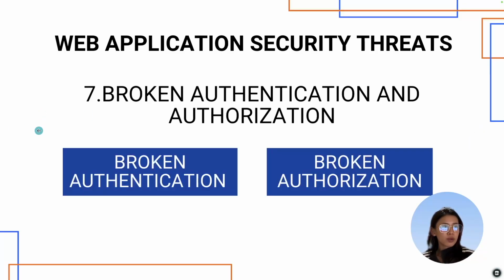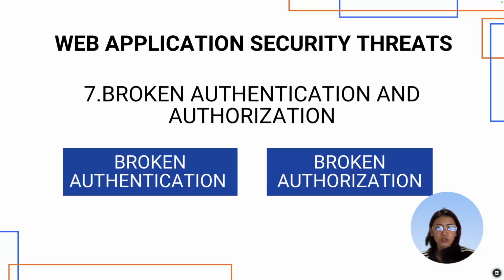Next one, we have the broken authentication and authorization. So we have here two categories or types: the broken authentication and the broken authorization. Let's start with the broken authentication. So this is a weak authentication mechanism that allows attackers to bypass login controls. Okay?